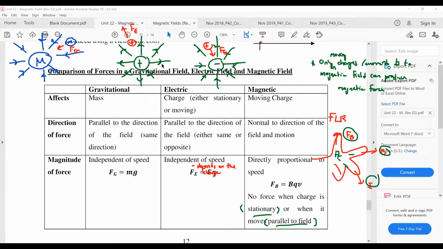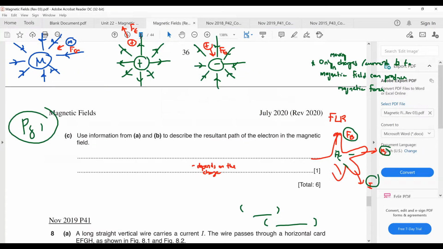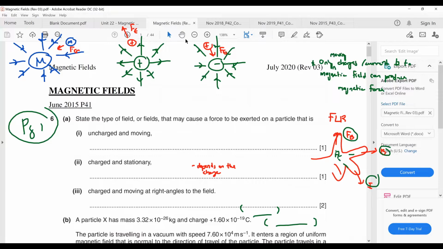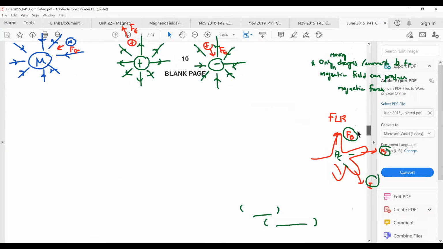All right, so let's do an example. You can have a look at page 1. It relates to what I just mentioned. This is June 15 P41, Question 6A.